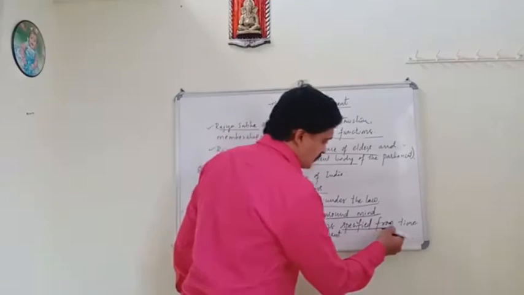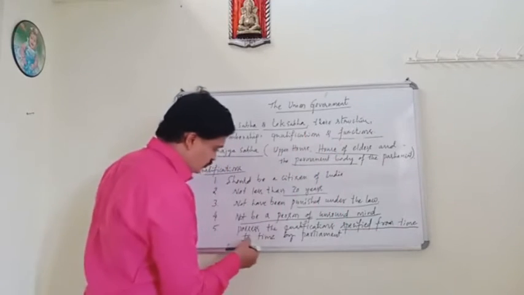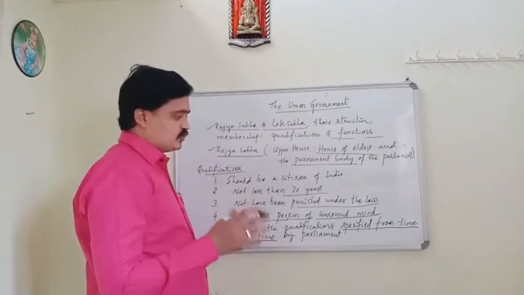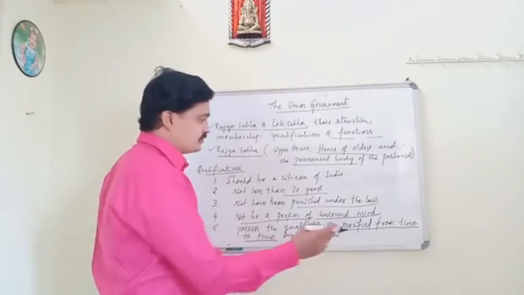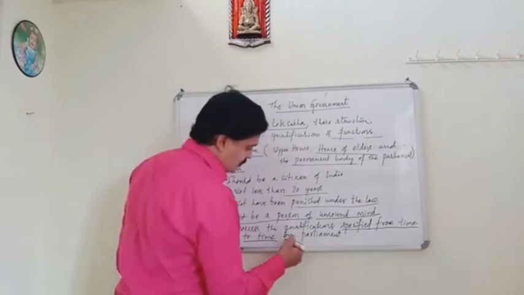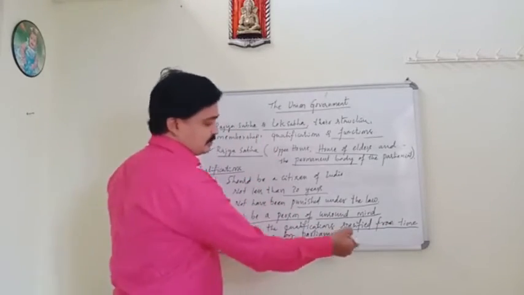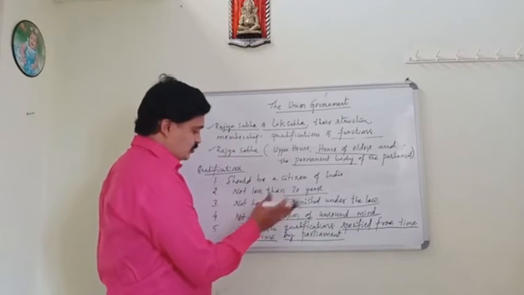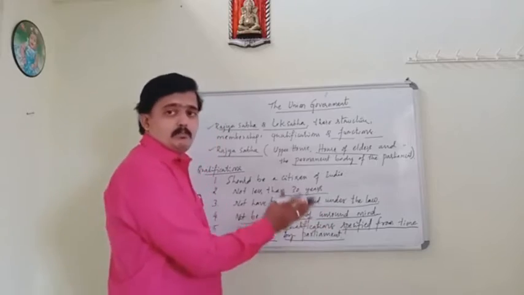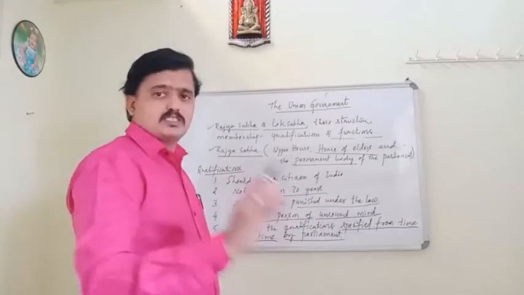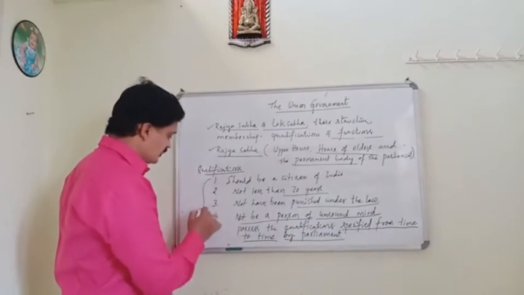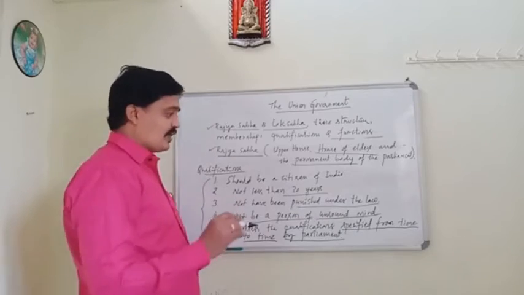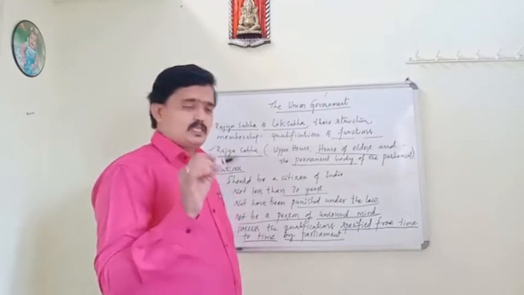Those which are specified from time to time by Parliament. That qualification should be possessed by the member of the Rajya Sabha. So these are the qualifications required to become the member of the Rajya Sabha.